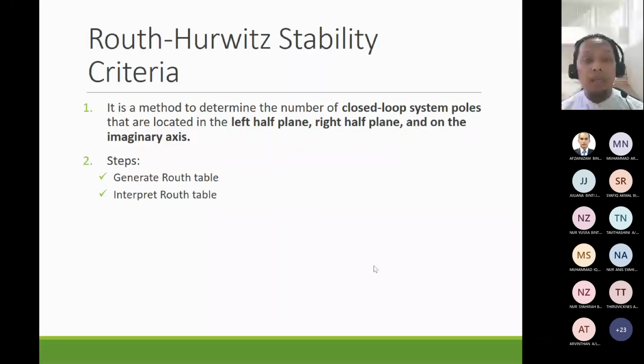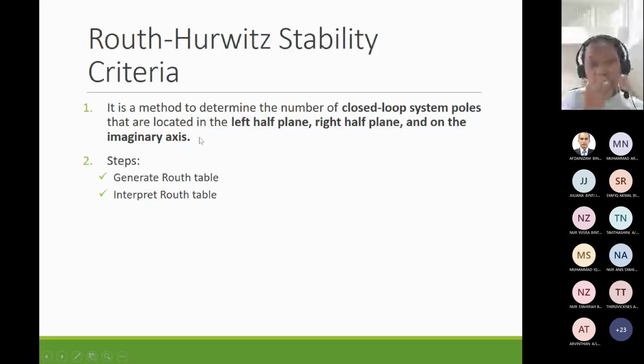This method is called the Routh-Hurwitz stability criterion. Again, it is a method to determine the number of closed-loop system poles located in the left half plane, the right half plane, and on the imaginary axis.